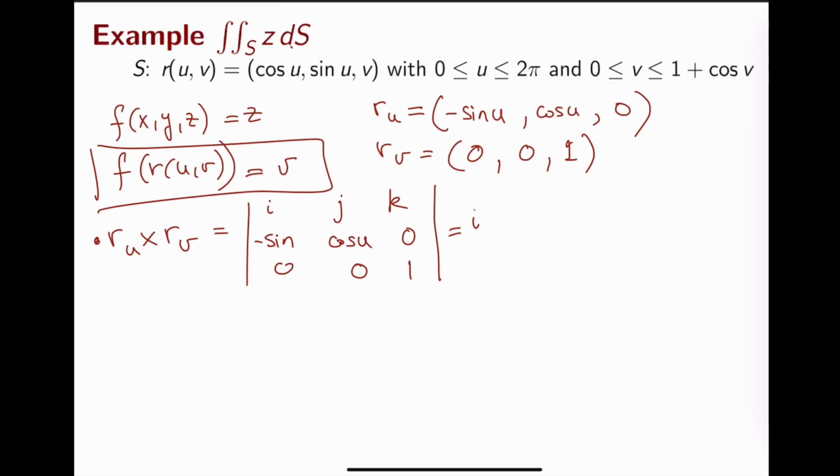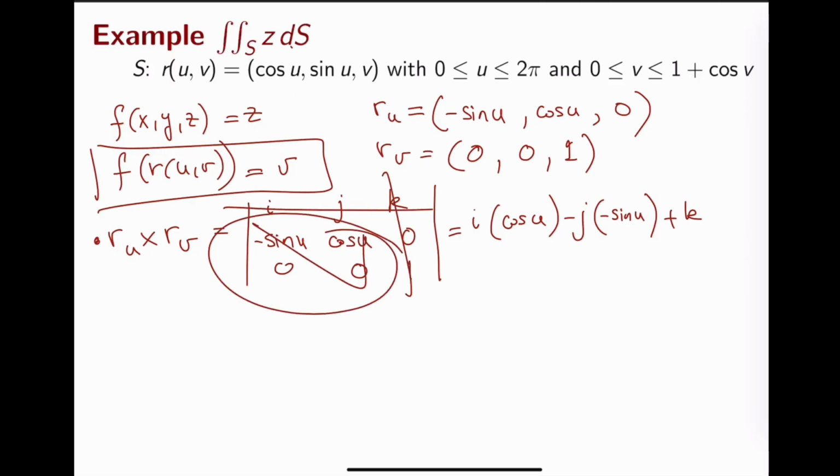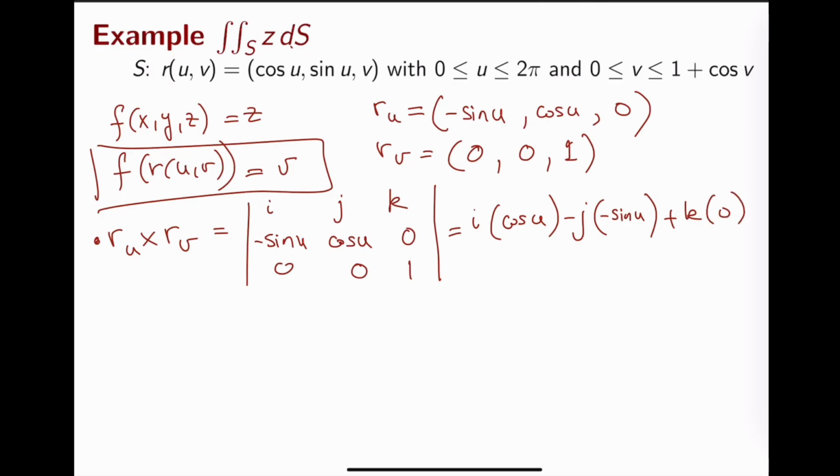It will be i times, eliminating these two, this determinant, which is cosine of u minus 0, so just cosine of u. Minus j times, eliminating this, minus sine times 1, so this is minus sine. And plus k, eliminating these two, 0 minus 0, so this one is 0.